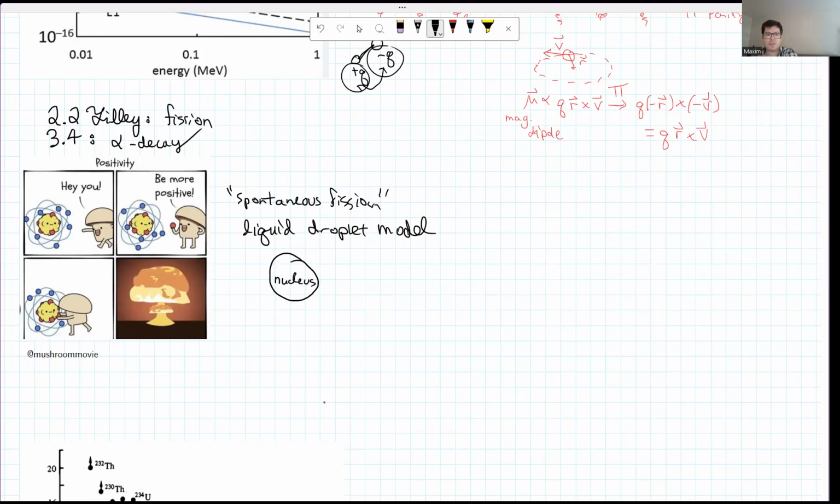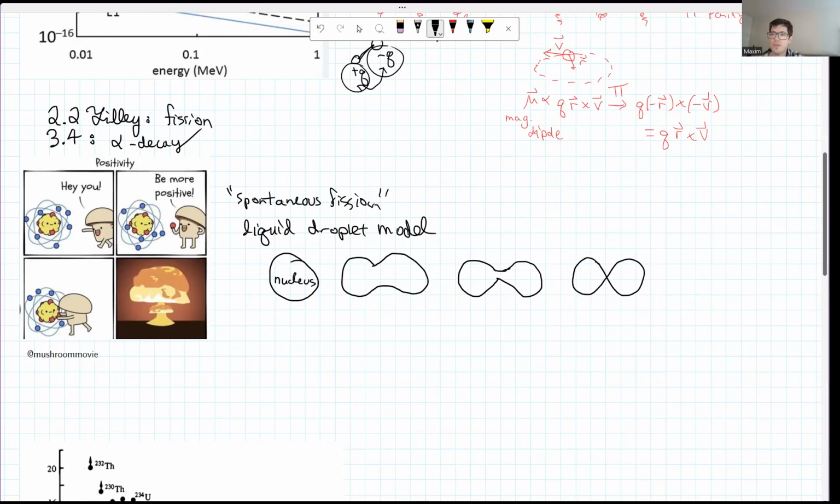So it becomes energetically favorable for it to start pinching off and forming a narrow neck, which is a little bit tricky to draw, and eventually splitting into halves like this. And so this becomes energetically favorable.